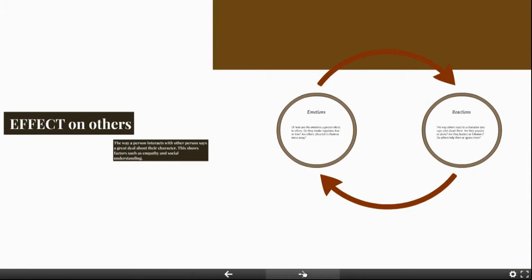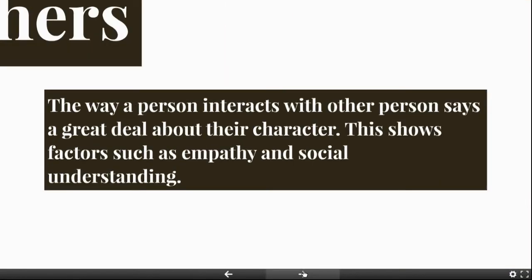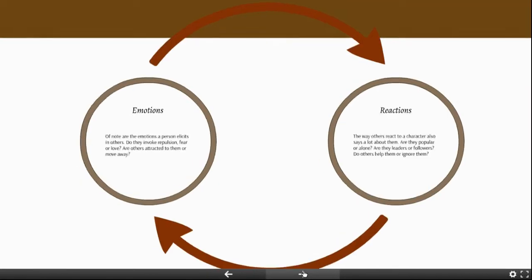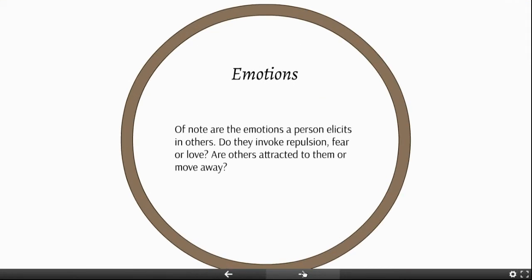The E stands for effect on others. The way a person interacts with other people tells us a great deal about their character. It shows us, are they empathetic? Are they compassionate? How they treat others is huge. How do other people respond to this person emotionally? Do they respond to them with fear?